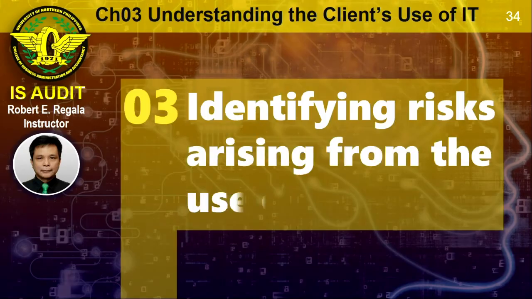Risks arising from the use of IT relate to susceptibility of information processing controls to ineffective design or operation, or risks to the integrity of information, that is, the completeness, accuracy, and validity of transactions and other information in the entity's information system due to ineffective design or operation of controls in the entity's IT processes.